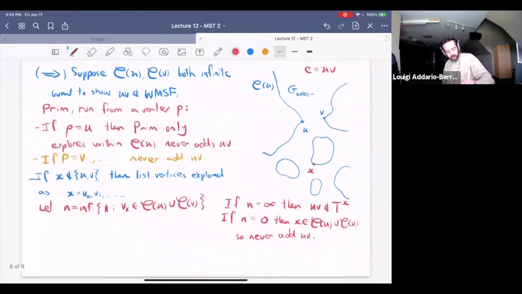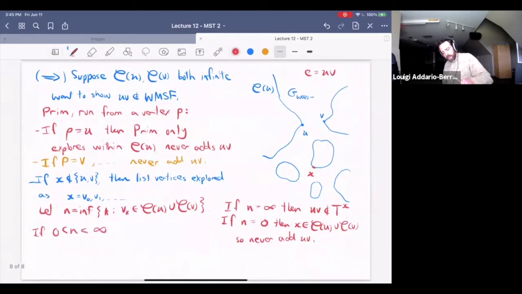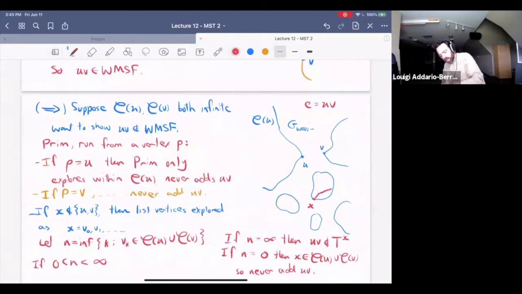Okay, and so now we just need to think about what happens if N is some positive finite value, right? That means that Prim's algorithm started from X, goes along exploring, maybe explores a couple of finite components of the graph, and then at some point it adds an edge from somewhere into one of the components Cu or Cv, right?